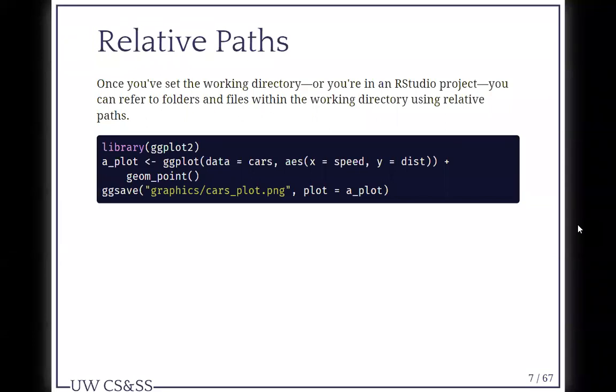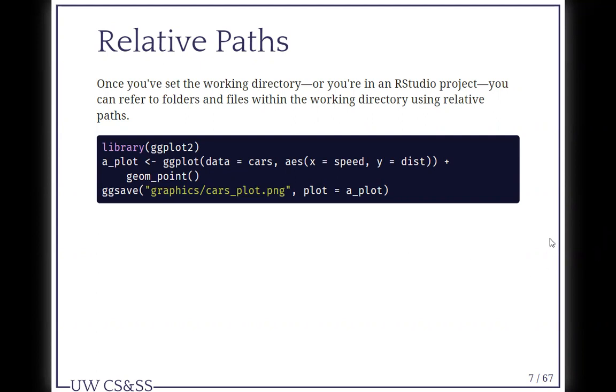I say library(ggplot2). This is going to be a plot using the cars data set, and I want to save it using ggsave. I can specify a folder that's already in my working directory without having to remember that C:/my name/documents yada yada yada. I can just specify relative to where my document is.